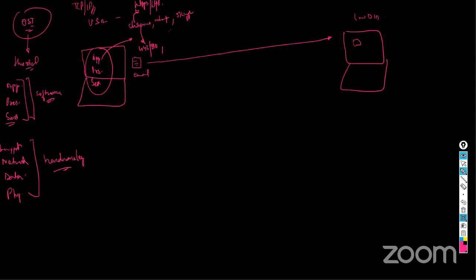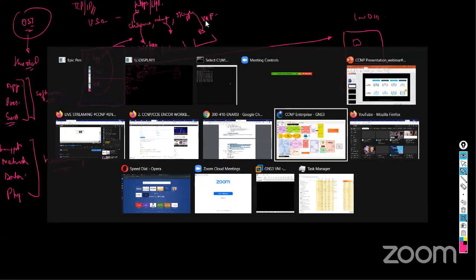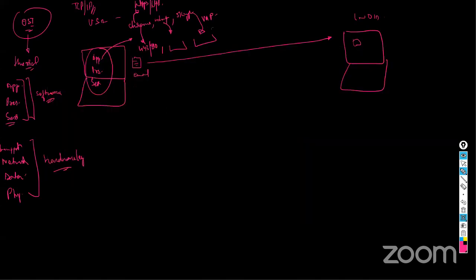Similarly, let's talk about WhatsApp. It's designed to have its own port number. Let's talk about Skype, which runs on VoIP technology. It has its own protocol number. For someone who doesn't know what this is, let me tell you.